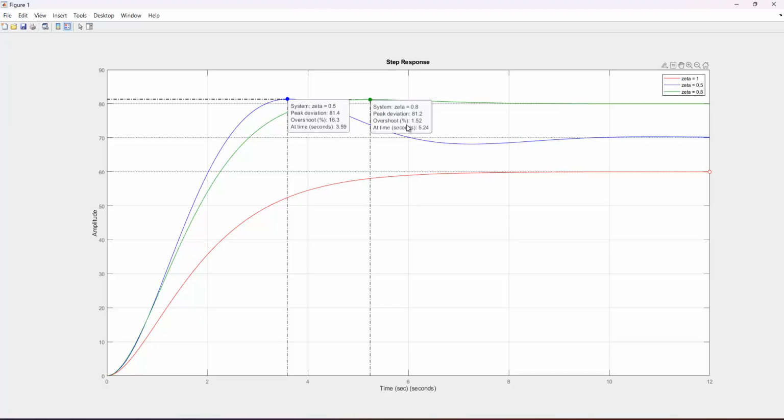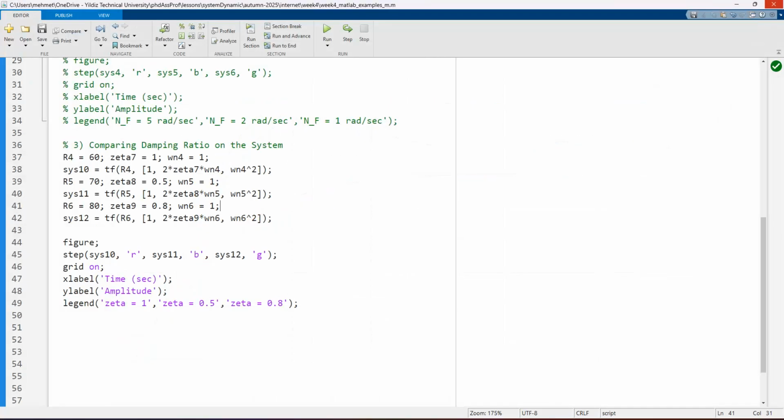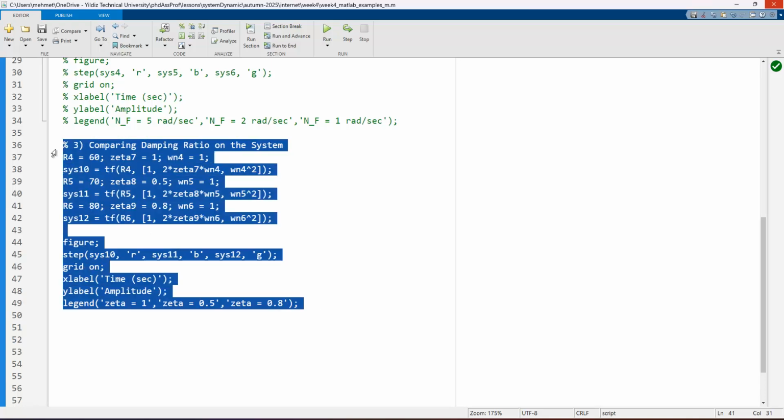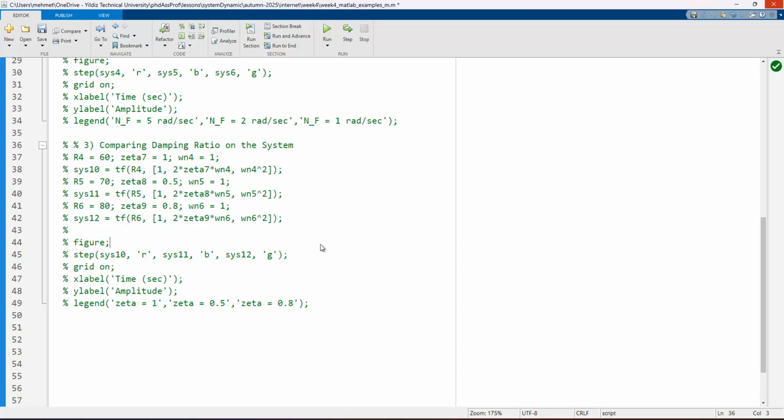And we have the overshoot value at zeta 0.8, which means 1.52, right? But if our system is a critically damped system, just see that we don't have any overshoot value here, okay? This is the comparison of our damping ratio change in our systems, okay?